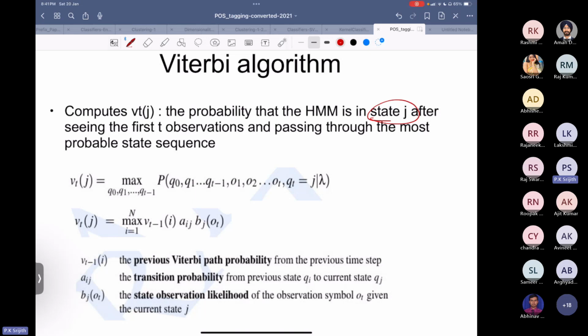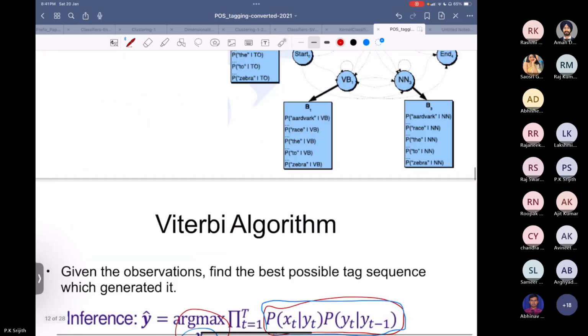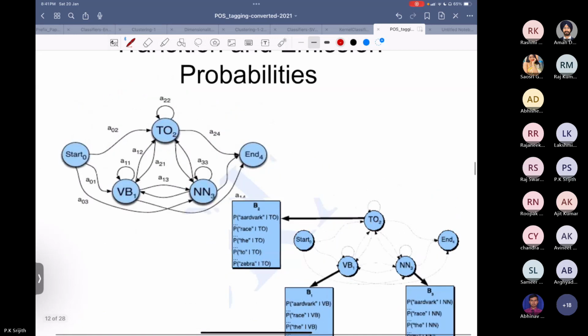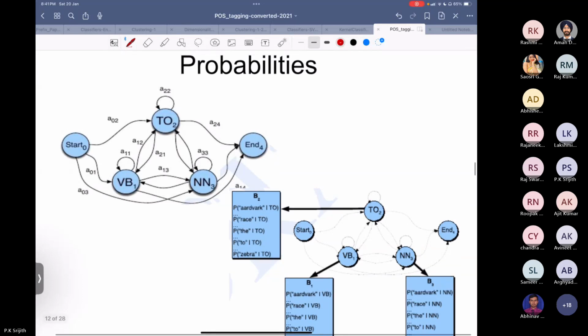So in our case, we have three different part of speech tags, right? So you can think of this transition here.